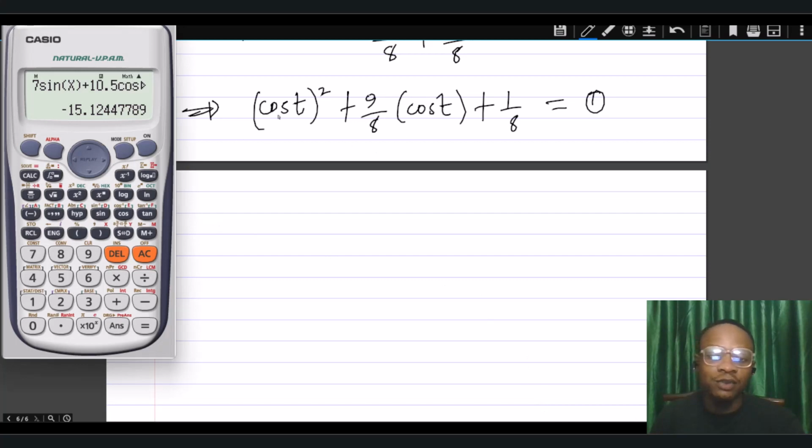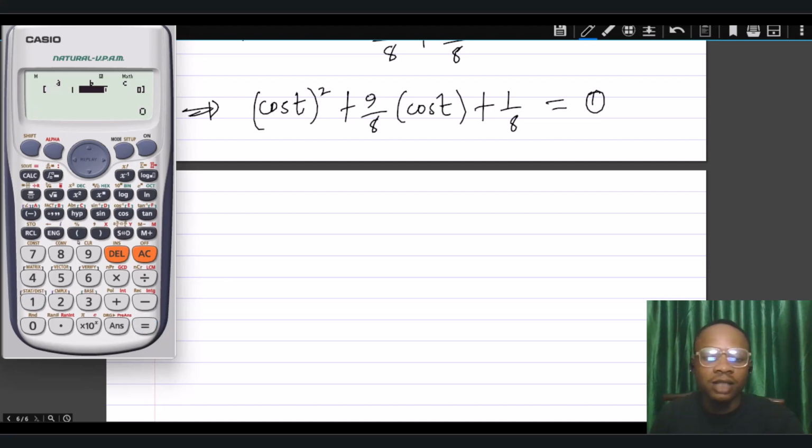Assume that what you have inside here, for instance, you can say let p be equal to this and then solve for p, then come back to say p is equal to cos t and solve for that. But we're not going through all of those processes here. We just want to solve this directly. Let's solve the quadratic equation first. The quadratic form is in number 3, and the coefficient of the quadratic term is 1.